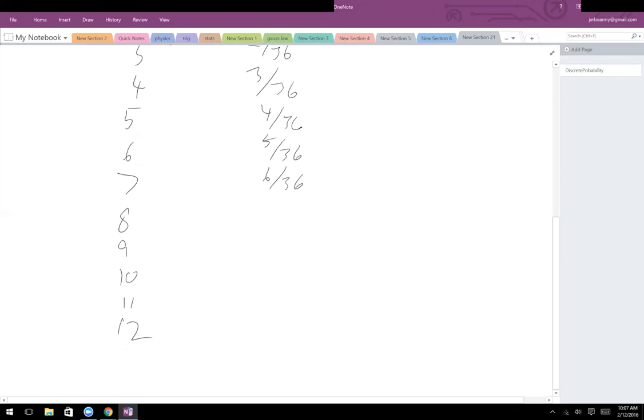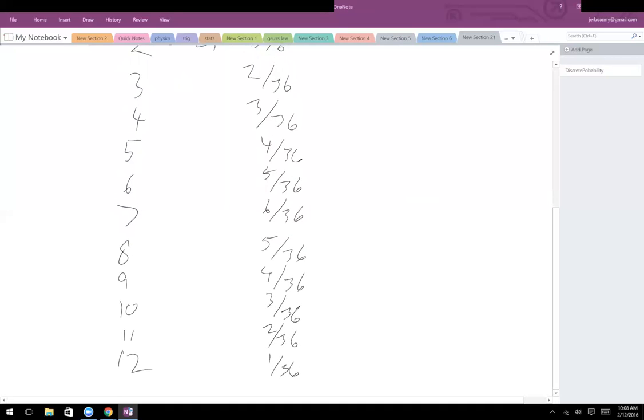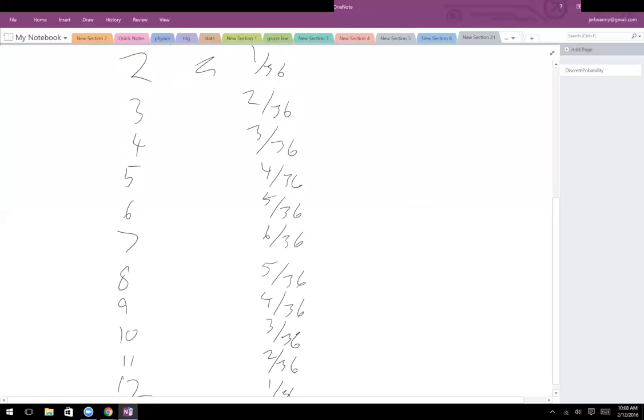Let me go ahead and actually write them all down. So they get bigger up until you get to 7, and then they start going down again. 5 out of 36, 4, 3, 2, and 1. So there's 11 outcomes, but those 11 outcomes have different probabilities attached to them. That's the point.